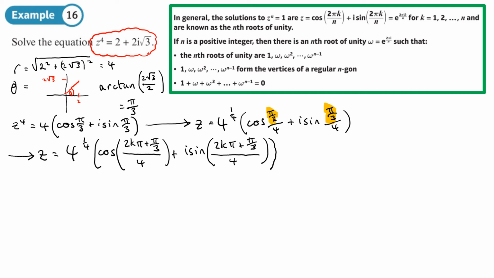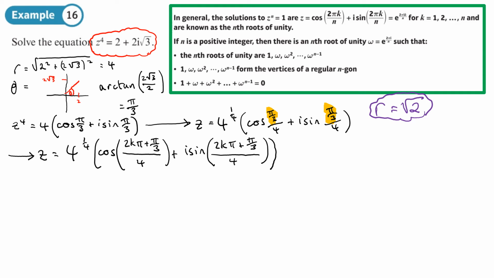Then I'm going to put in the values of k to give me my different arguments. The first thing I can work out is r. r is the fourth root of 4, which is basically the square root of 2, so r is √2. Set that to one side.